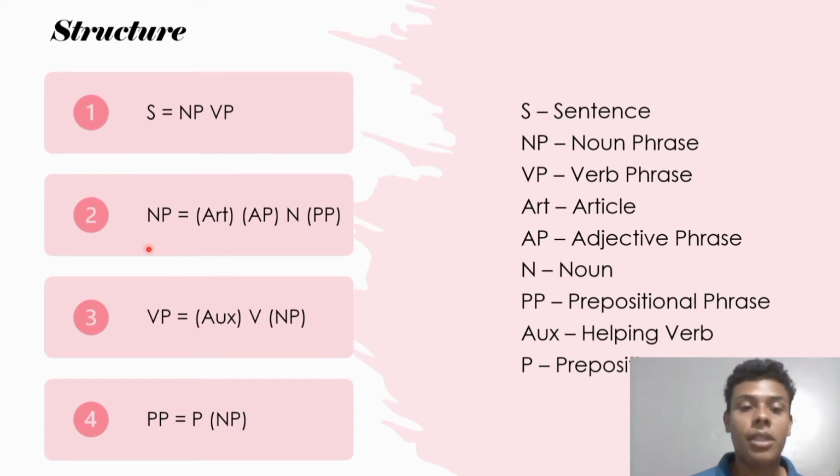In a noun phrase, it is possible to find an article or determiner, an adjective phrase, the noun, which is mandatory, and a prepositional phrase. In a verbal phrase, it is possible to find an auxiliary, which probably appears when you write a negative, the verb, which is mandatory, and a noun phrase. And finally a prepositional phrase, which of course has a preposition and possibly a noun phrase.